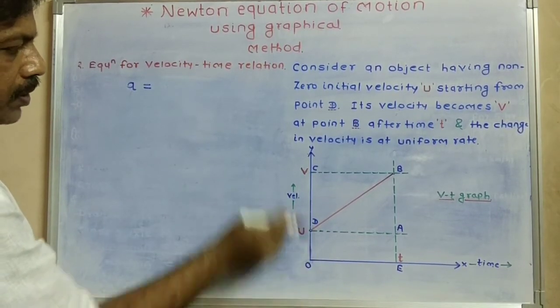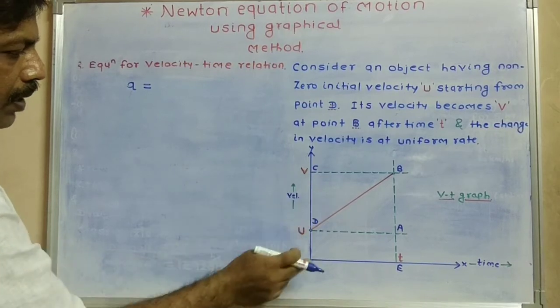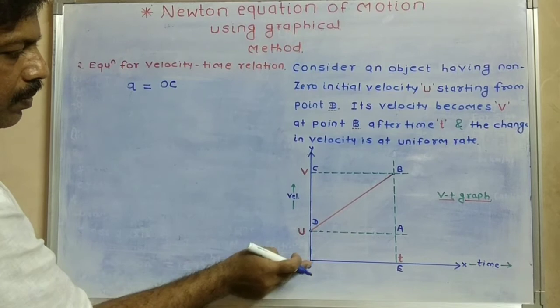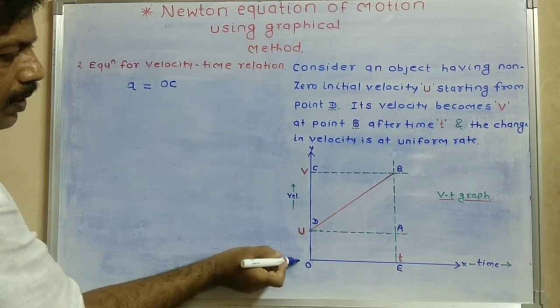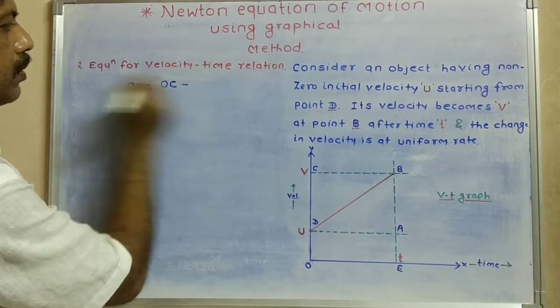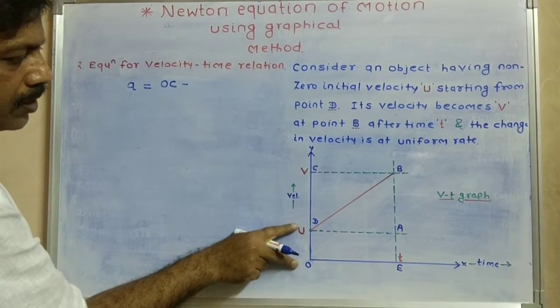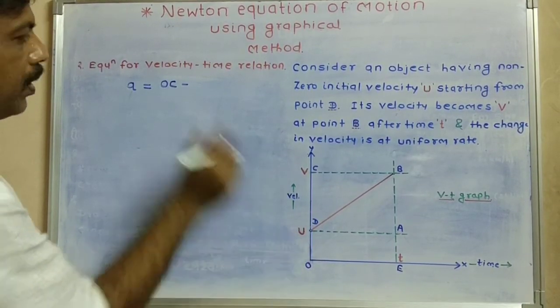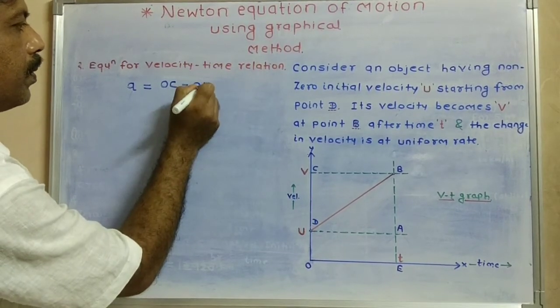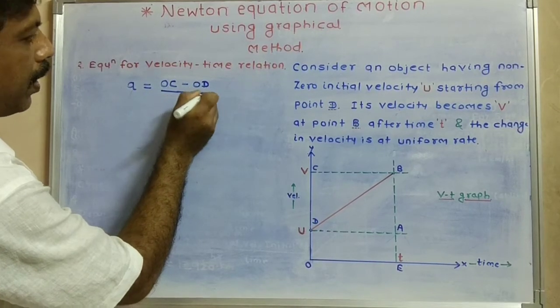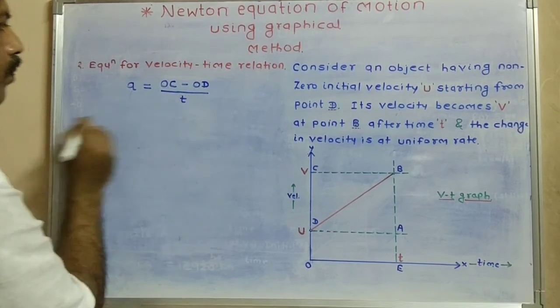Which is your final velocity? V. Therefore, I am writing here OC. What is your initial velocity? U, which is represented by OD, divided by time t.